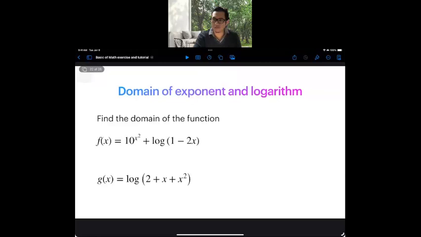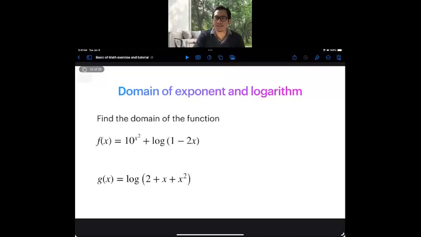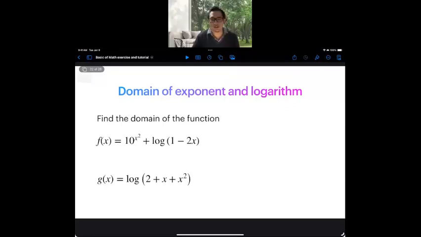How about Jason? Jason, are you there? How about the domain of the first one? Have you tried? X greater than 1 over 2? I'm not sure if it's correct. 1/2 is correct, but not completely correct.